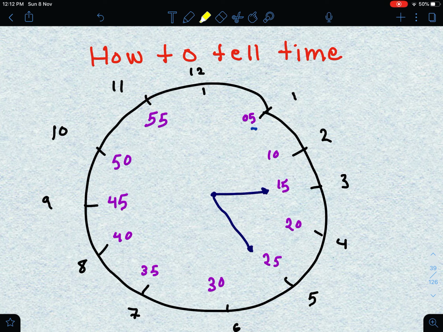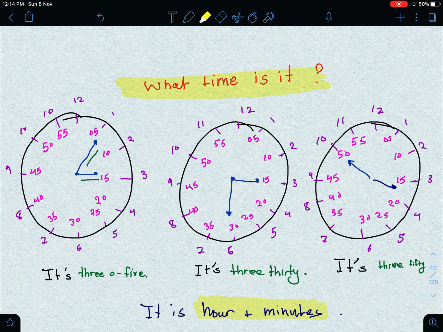So as we said previously. Now here we have 3 clocks and we're supposed to tell the time the first way, the hour first and then the minutes. Here it is 3:05. I started with the hour, which is 3, and then the minutes, 05.